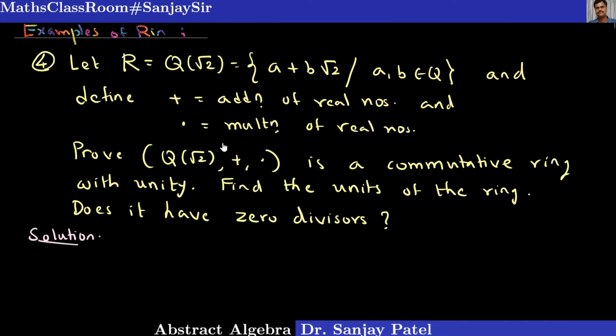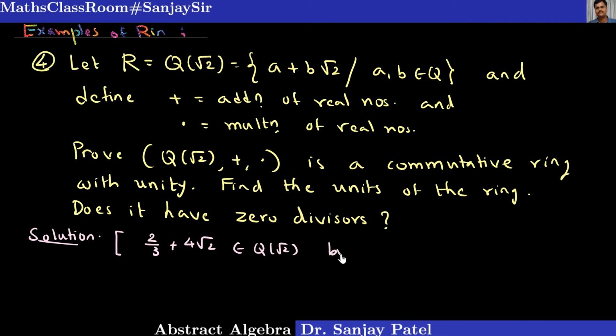Numbers of the form a plus b root 2, where a and b are rational numbers, belong to Q root 2. Just understand that if a is equal to 2 by 3 and b is equal to 4, then this element belongs to Q root 2.